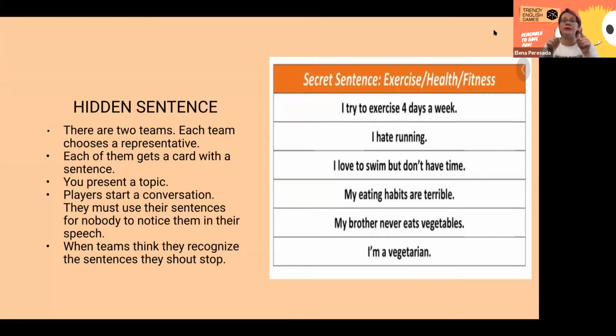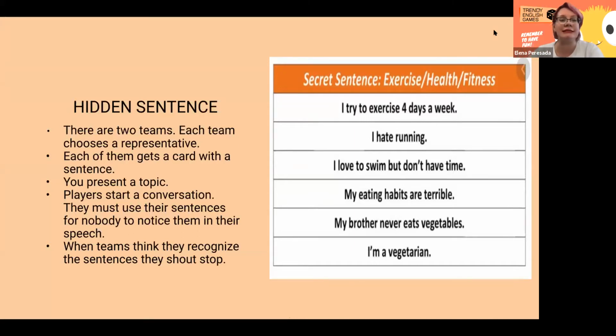These 2 people need to have a conversation, and while talking on the topic, they have to use this secret sentence, and the team has to guess what this sentence was.